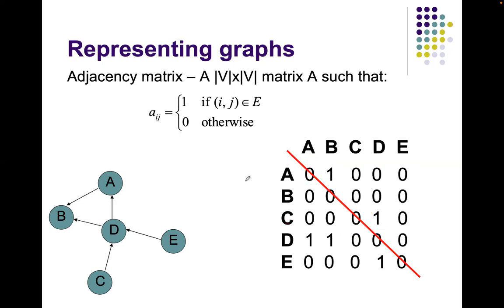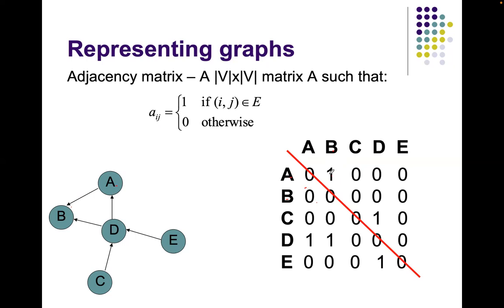Now, the directed graph representation is not going to be symmetric. In a directed graph, A is connected with B doesn't mean that B is connected with A. So for example, let's say this is the adjacency matrix where we are representing a directed graph. Here you can see that A is connected with B, but B to A is 0.